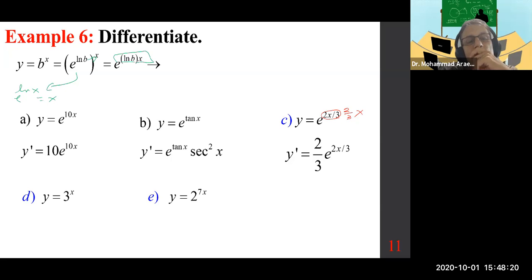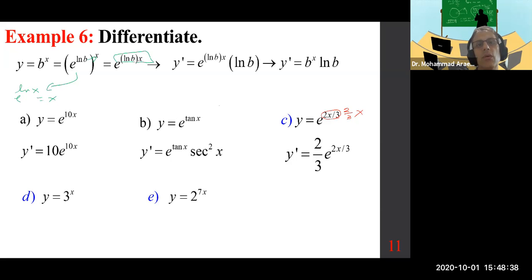It's just some number. This, we know how to differentiate. What is the derivative of e to the power of ln b times x? It is e to the power of ln b x times ln b, by the chain rule. That we know. So e to the power of ln b x times ln b.